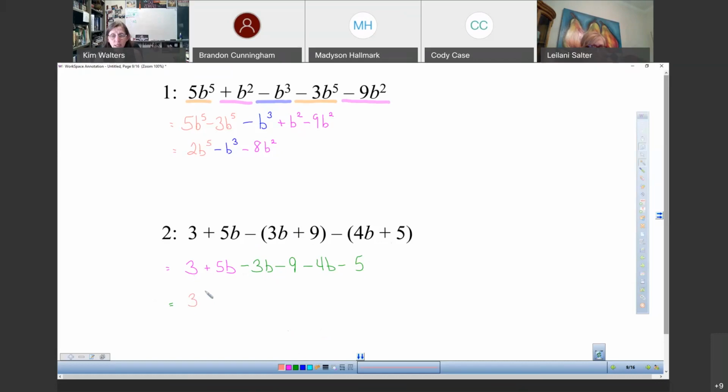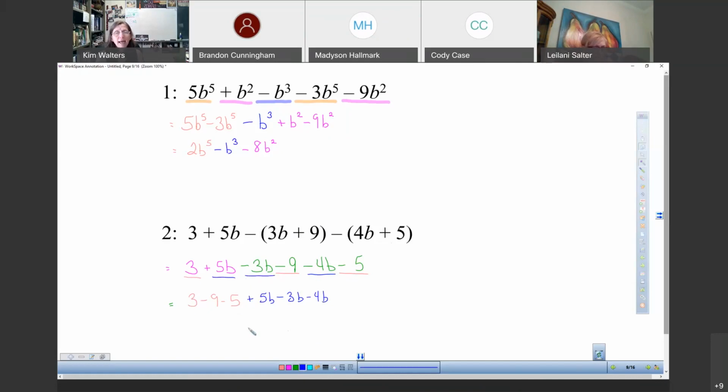I have a 3 minus 9 minus 5. So these are my like number terms. Notice I'm taking the signs with those. Okay. And then I have 5b minus 3b minus 4b. Notice my signs are going with these.